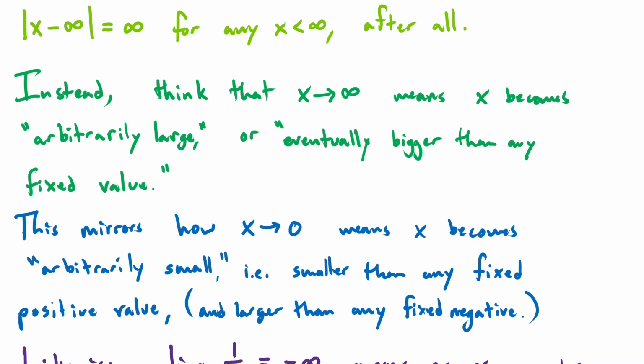Like if x approaches 0, then for any fixed value, it'll eventually be smaller than that, and also, I suppose, larger than any fixed negative value. So that's what we mean by having arbitrarily small magnitude, and that sort of is a foil to x approaching infinity, where it has eventually arbitrarily large magnitude.